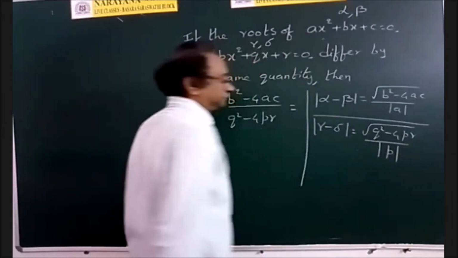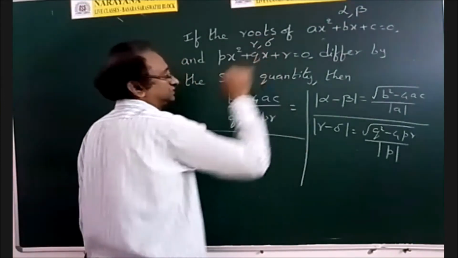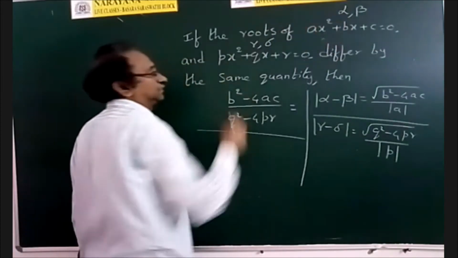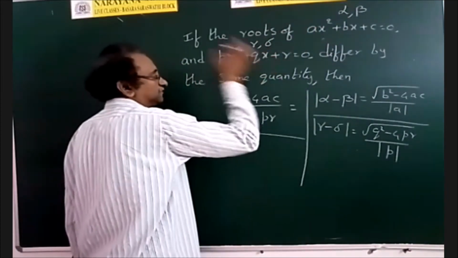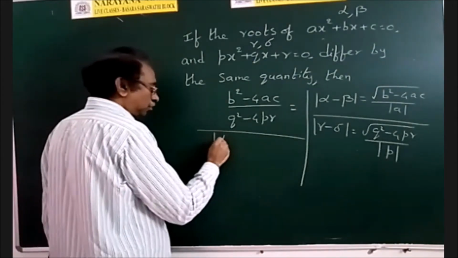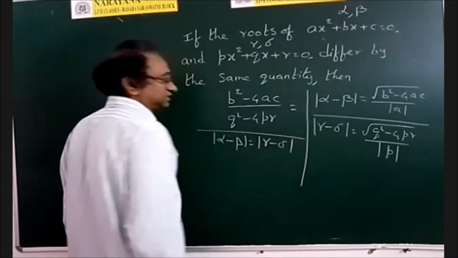A means p here. But given that they differ by the same quantity, the difference of the roots of this equation and the difference of the roots of this equation is the same. That is, mod alpha minus beta is equal to mod gamma minus delta.